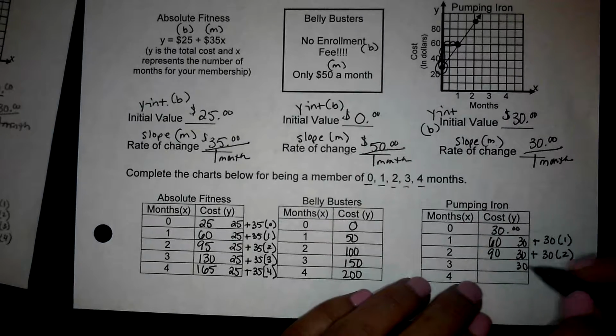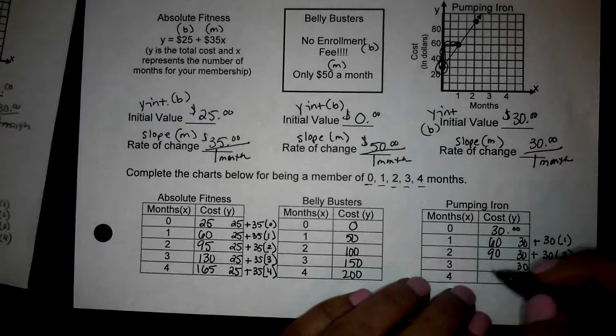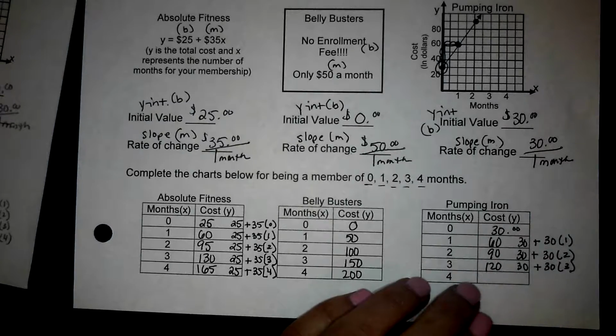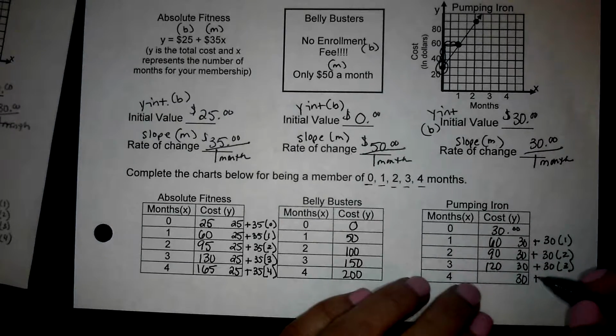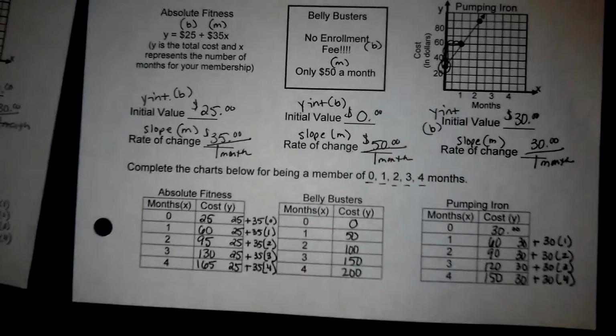If I'm looking at $30 plus another $30 3 times over, I'm looking at $120. If I'm paying $30 plus another $30 4 times over, I'm looking at $150 total.